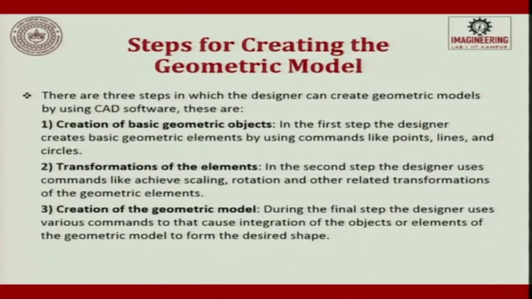The steps involved in creating a geometric model: there are 3 steps in which the designer can create geometric models. First is creation of basic geometric objects. In the first step, the designer creates basic geometric elements using commands like points, lines, circles, arcs, etc. The next one is transformation of the elements. In the second step, the designer uses commands like scaling, rotation, and other related transformations of the geometric elements.